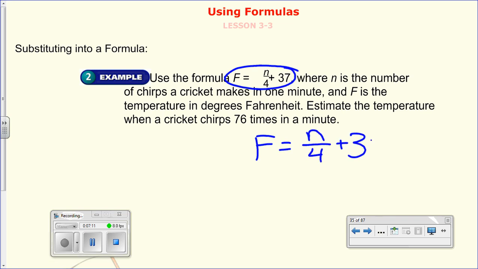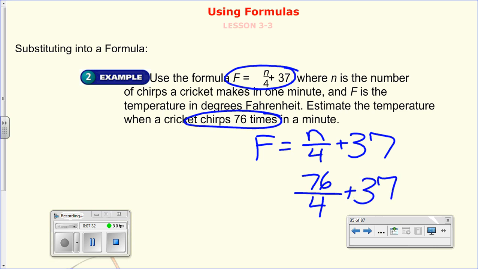Now, they tell us one thing. They say the cricket chirps 76 times in a minute. So you need to decide, does that 76 go in for N or F? Well, if you take a look here, N is the number of chirps a cricket makes. Here it tells us he did 76 chirps. So you'd replace N with 76, and then you solve.